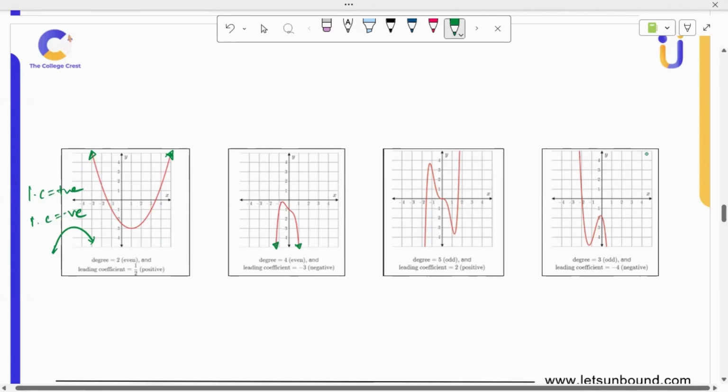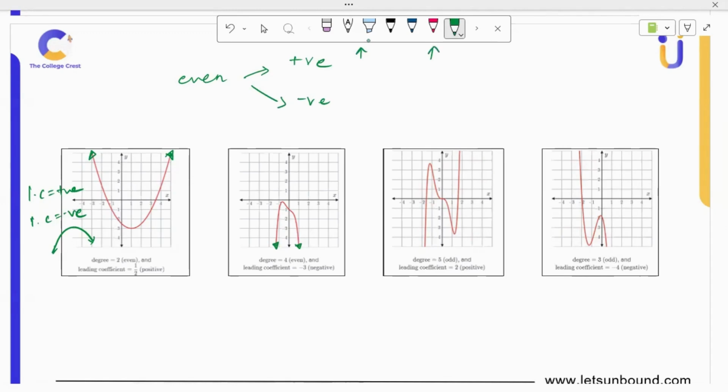So how is the end behavior? For even degree, it depends on whether your leading coefficient is positive or negative. Positive means both the ends will go upwards. Some behavior will be there in between, but end behavior will be like this. Negative means both will look down. Now, what happens when my degree is odd? So this is a 5-degree polynomial.